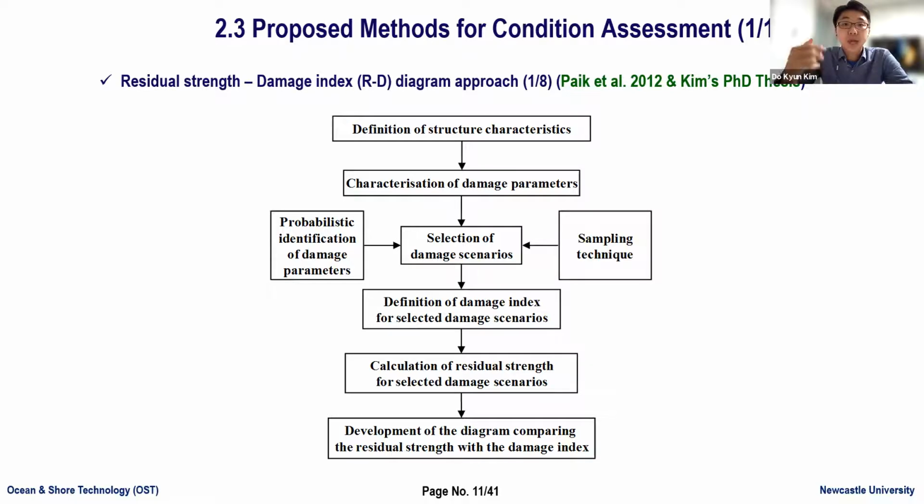So we need to identify and define the structural characteristics and characterization of the damage parameters, and the selection of the damage scenario. This is quite an important step because it will affect the final outcome. In our case, we prefer to adopt the probabilistic identification of the damage parameters.